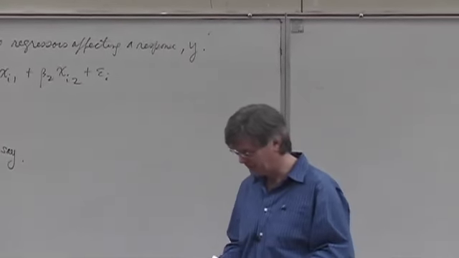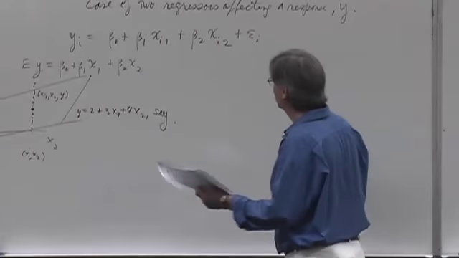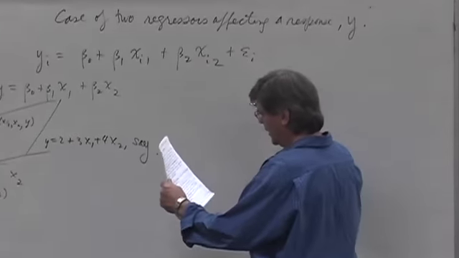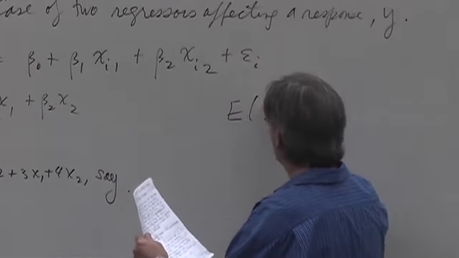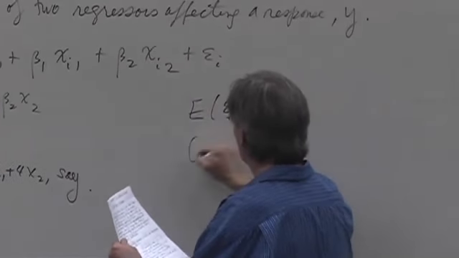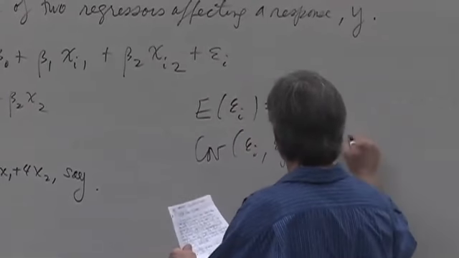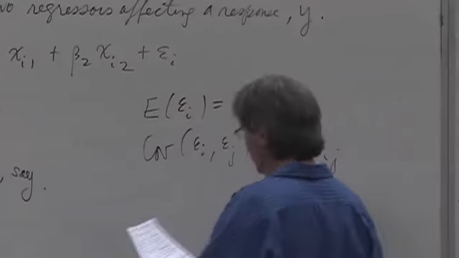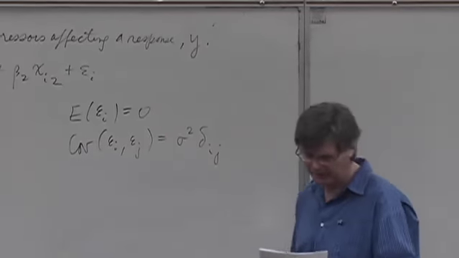All right, so we have this business, and we talked a little bit about the matrix formulation last time, and our basic model is that the expectation of epsilon i is equal to 0, and the covariance between epsilon i and epsilon j is equal to sigma squared delta ij, the constant variance, and uncorrelated errors. Okay.